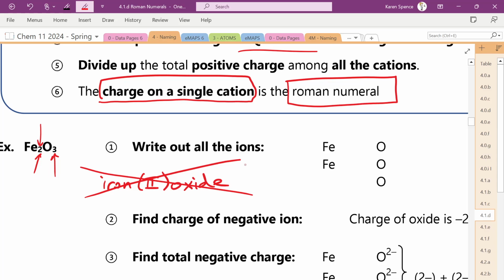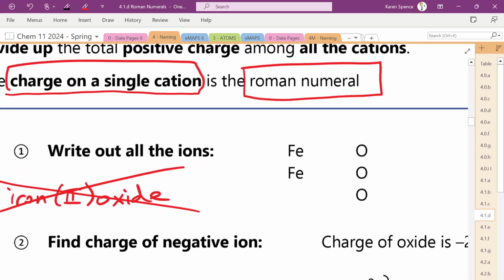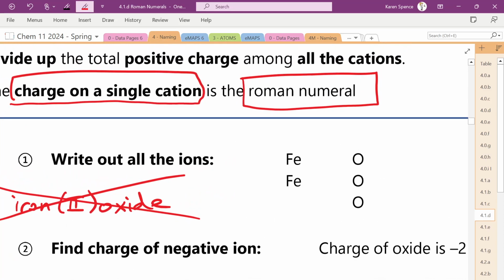All right, so you write out all the ions. What is the charge of the negative ion? O. Oxygen is 2 minus. So you have 2 minus, and each of them has 2 minus. You add them all up. 2 minus plus 2 minus plus 2 minus is, everybody, 6 minus. Excellent. Now, what charge are compounds? What is the overall charge of a compound?